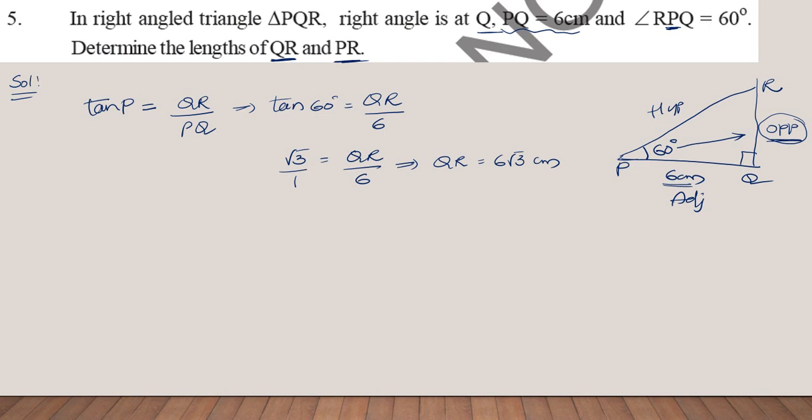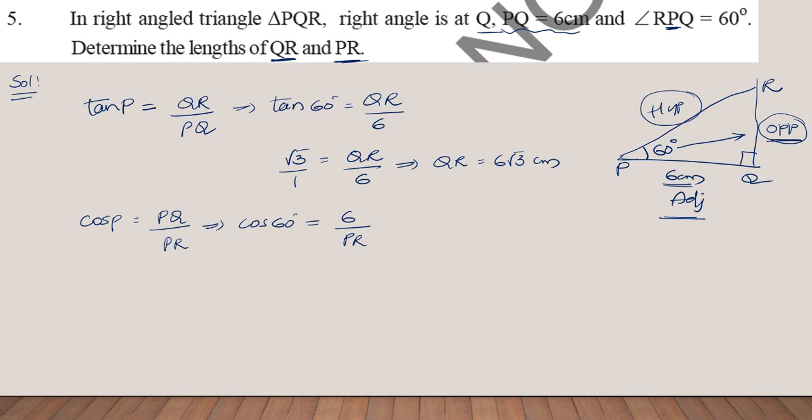Now I need to find out hypotenuse, right? So to find out hypotenuse, I can go with the Pythagoras theorem, or I can directly go with, so I have adjacent side and I need to find out hypotenuse. Adjacent and hypotenuse, so I am going with cos. So cos P is equal to adjacent PQ by hypotenuse PR. So cos 60 degrees is equal to PQ, which is 6, by PR.